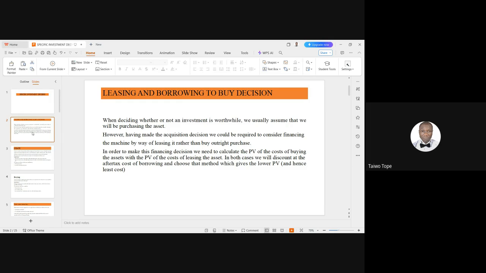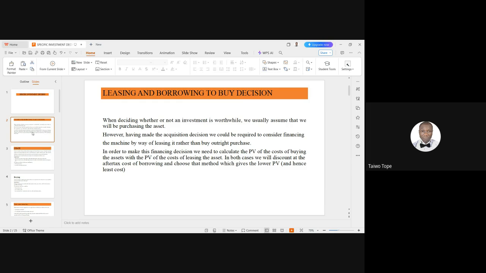And also, when we look at the financing decision aspect, the question is, how should we pay for it once we decide it is worthwhile? That is the question. So the two main options are either we do an outright purchase, that is buy with funds or debt, or lease, that is rent or lease it instead of buying.